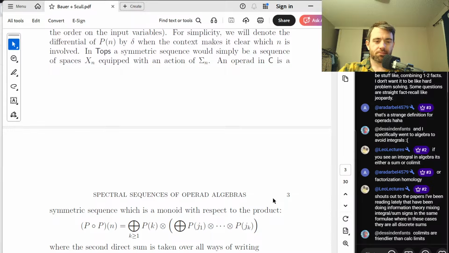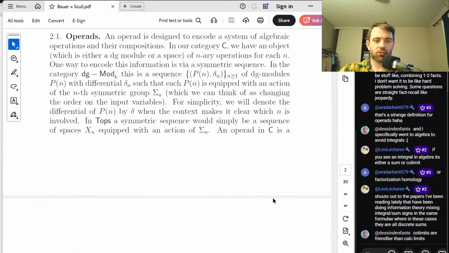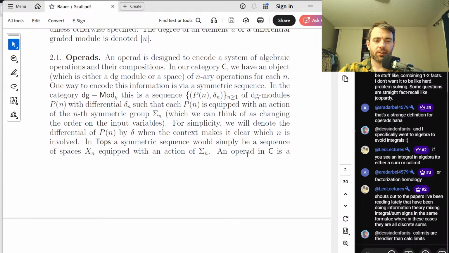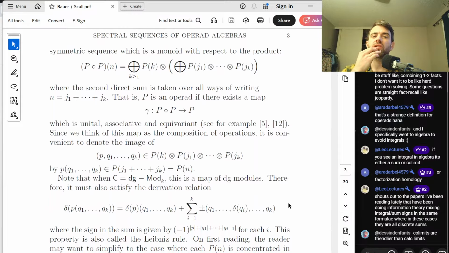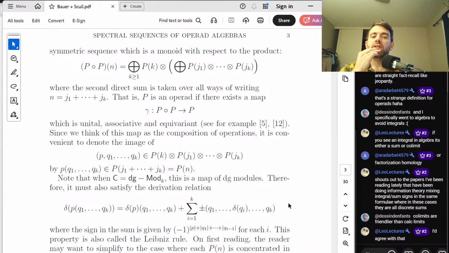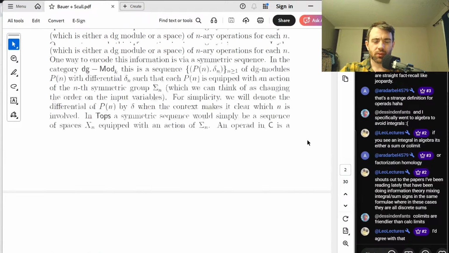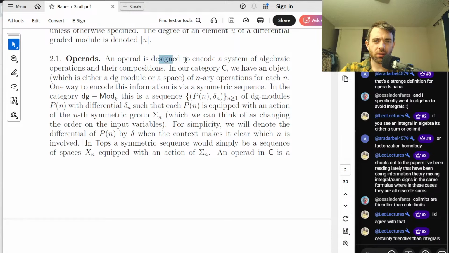I guess we could just look at the definition here, right? An operad in C is a symmetric sequence, which is a monoid with respect to the product. Wait, and we're assuming a monoidal category. An operad is designed to encode a system of algebraic objects. In our category, we have an object which is either a DG module or a space of n-ary operations for each n.